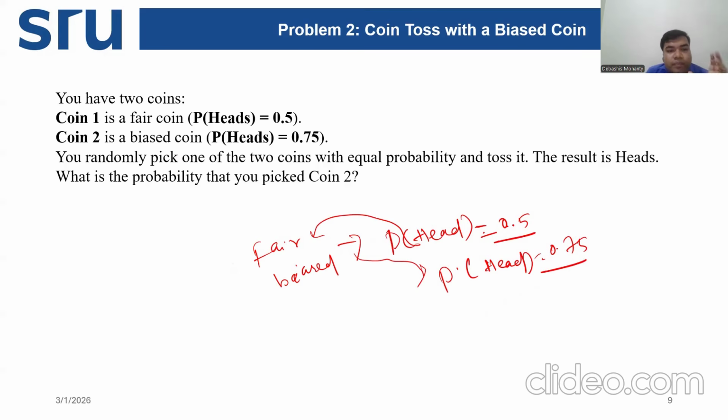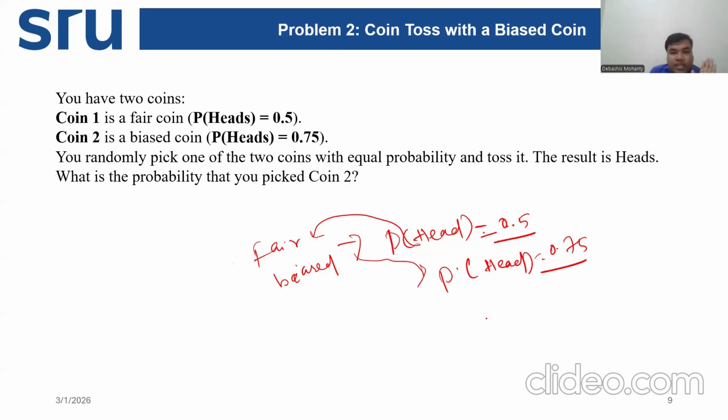What is the question asking about? You randomly pick one of the two coins with equal probability. So with equal probability, we have chosen the two coins. Try to understand. Equal probability means probability of A1 equals probability of A2. And toss it. Then the result is head.